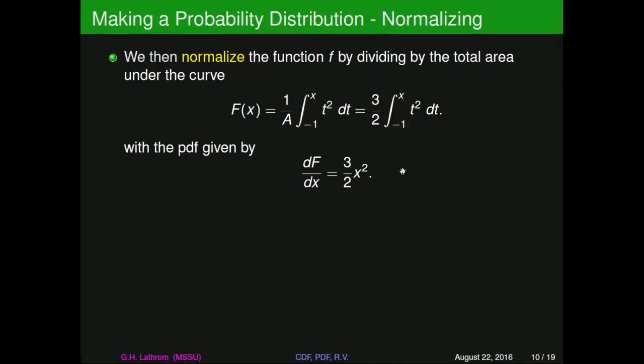You may have seen something similar back in a multivariable calculus class, in which you took a vector and divided it by its length, and obtained a unit vector, a vector of length 1. In essence, that's what we're doing here. We're normalizing, dividing a function by its total area, so that we always get a value of 1 when we integrate over the entire region.